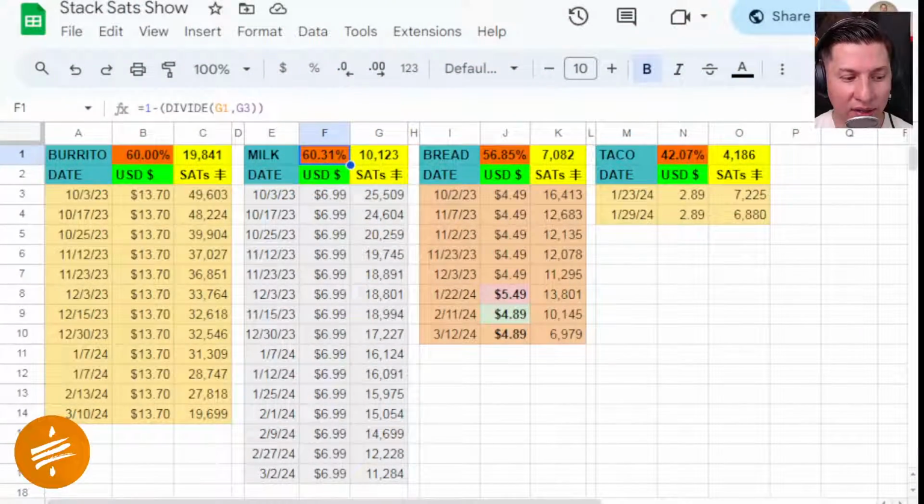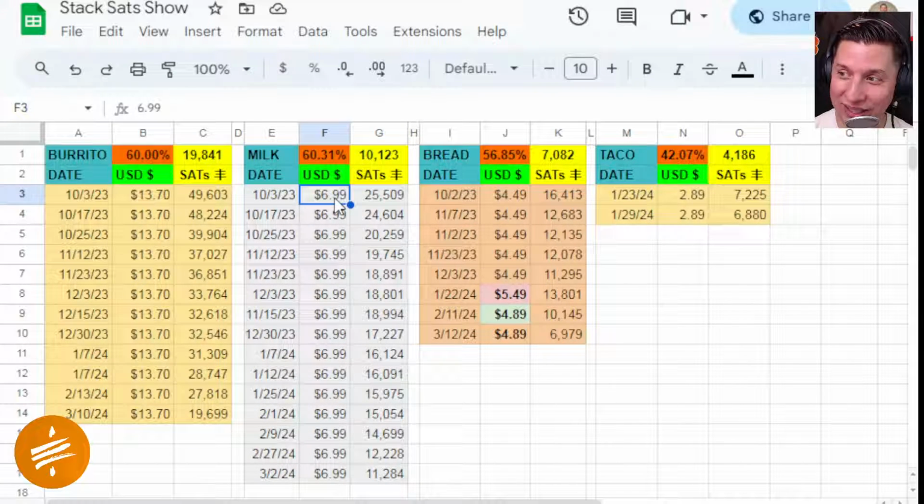Okay, so now let's say I make $6.99 per hour in my job that somehow pays me $6.99 an hour, right? It takes an hour of my life for me to buy a gallon of milk in October. Okay, now we're in June 2024.